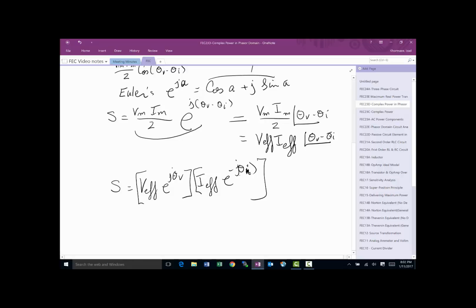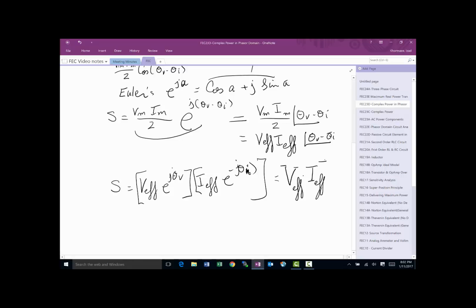This is really the vector V effective, and this is the vector I effective. So we could write it as V effective times I effective, but remember there's a minus j.